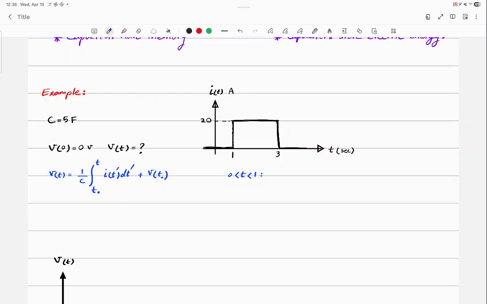Which one is easier? The end points. Can we use it here? Why? Is it because the current changes over time? No. Do you remember? Do you know what I'm talking about?